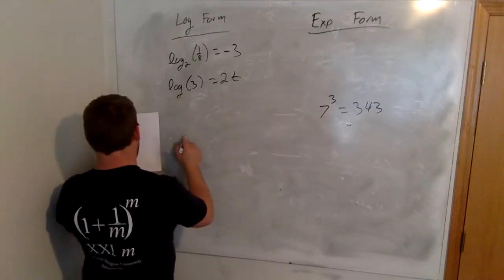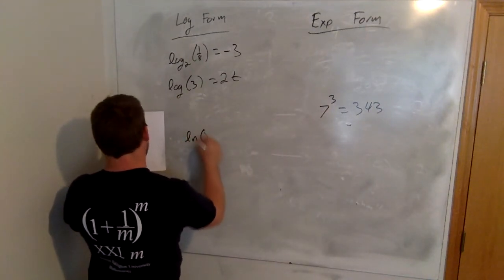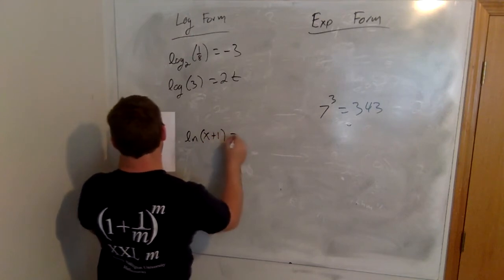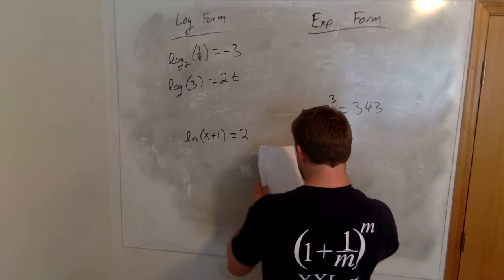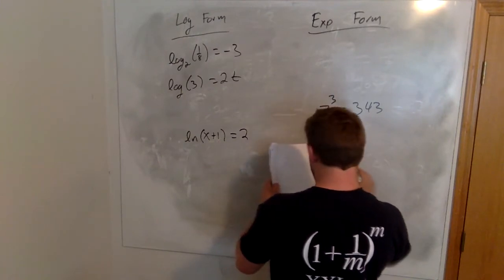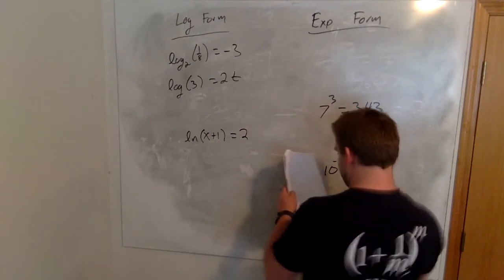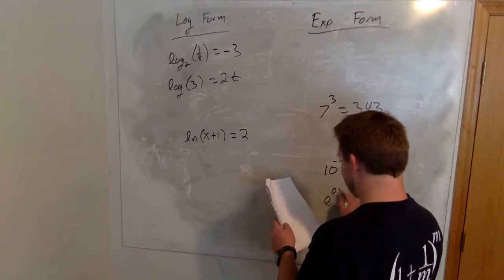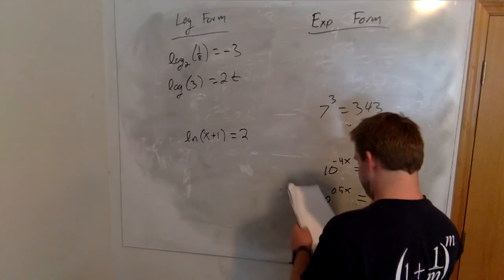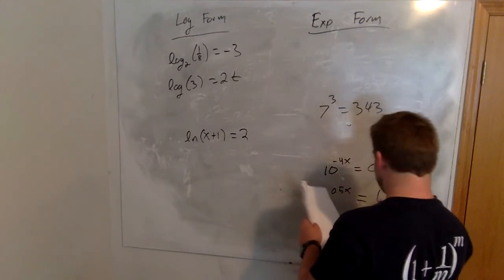Let's say we have the natural log of x plus 1 equals 2. Let's say we have 10 to the -4x is equal to 0.1. And how about e to the 0.5x is equal to t.